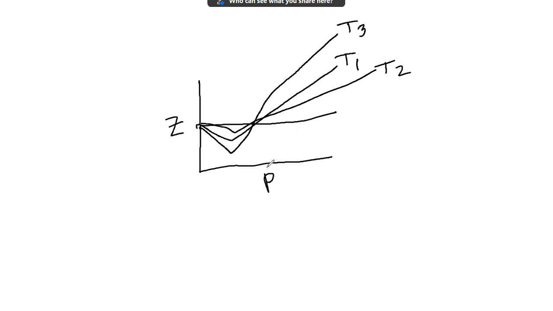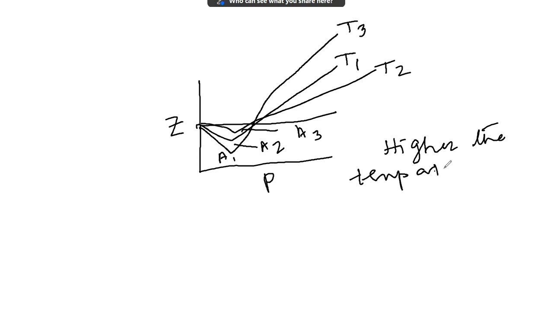Let it be A1, A2, A3. Remember, the higher the temperature, the less deep the dip.